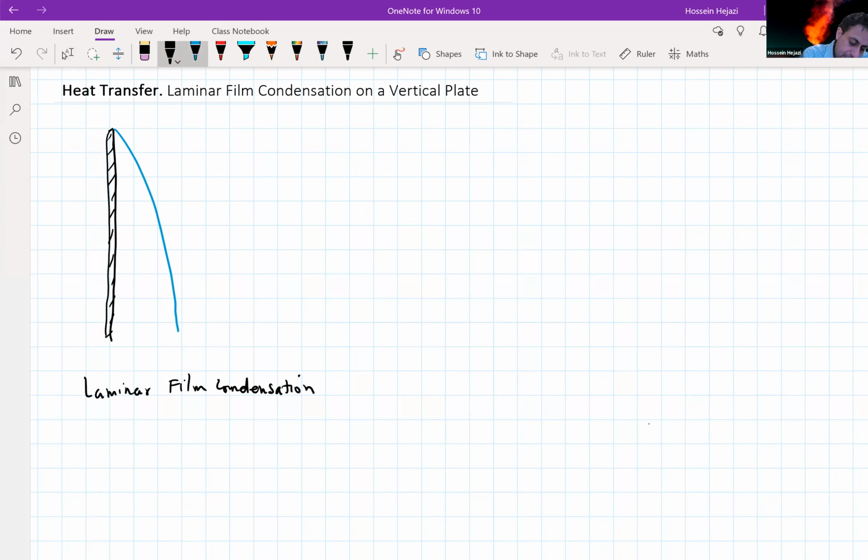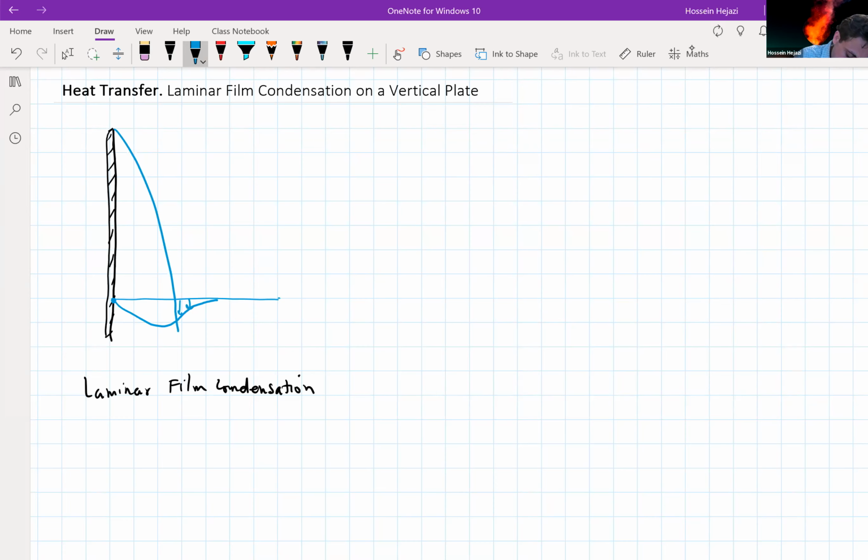In terms of the temperature and velocity profile, if I plot velocity, what you're going to see here is zero velocity here, and this is going to be a typical velocity profile, almost reaching the maximum at the vapor-liquid interface, and then going to the vapor phase.